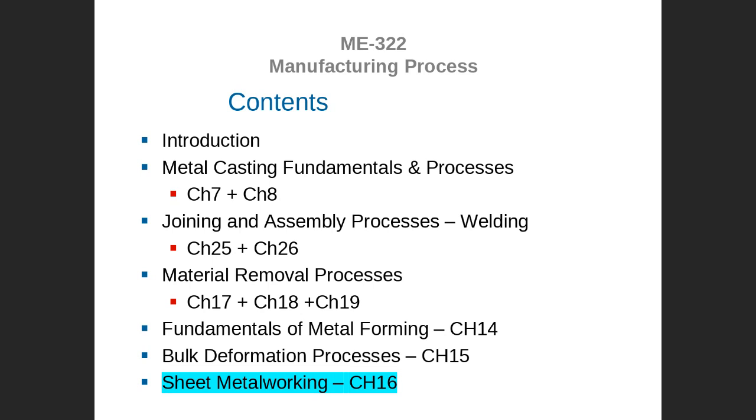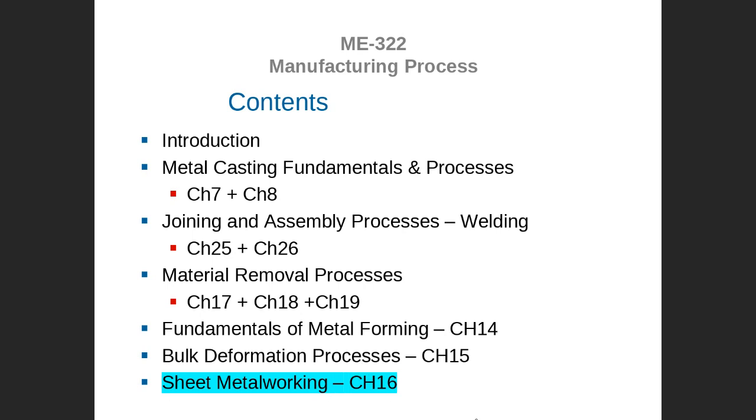If no question, let's start. Next is chapter 16. Now almost all done, as you can see here. Only chapter 16 remains, which is the sheet metal working chapter. This is the last chapter in this subject this semester.